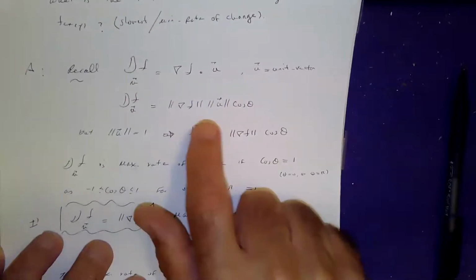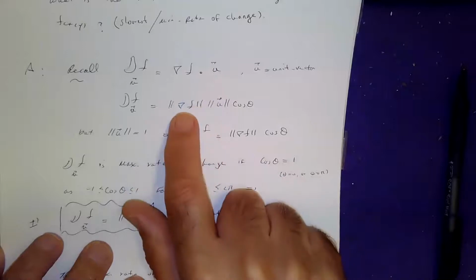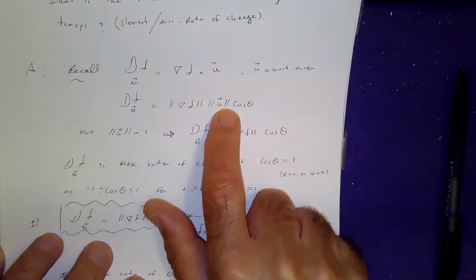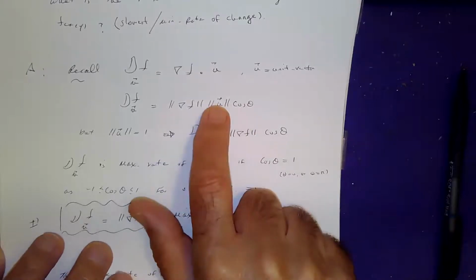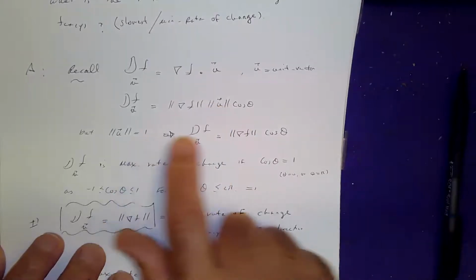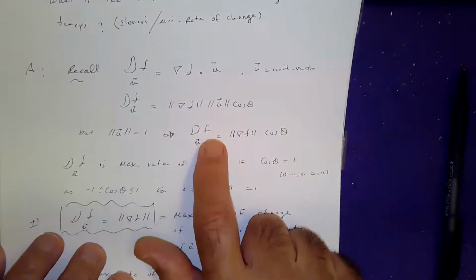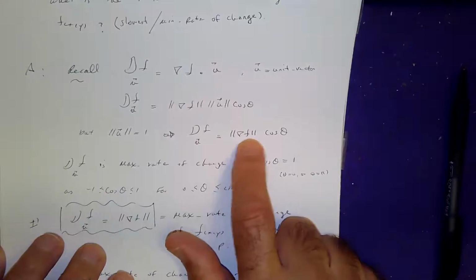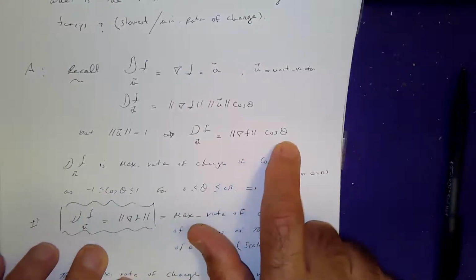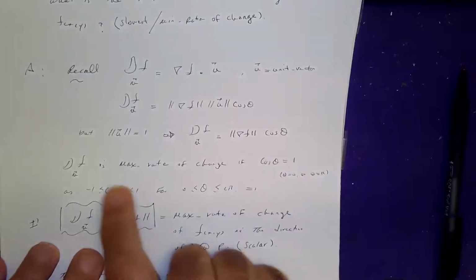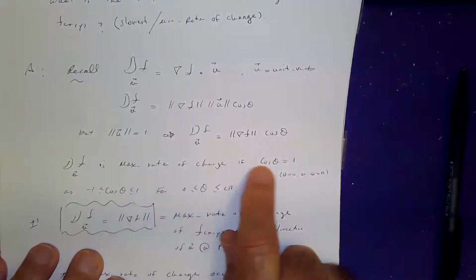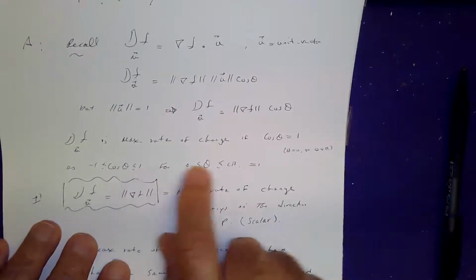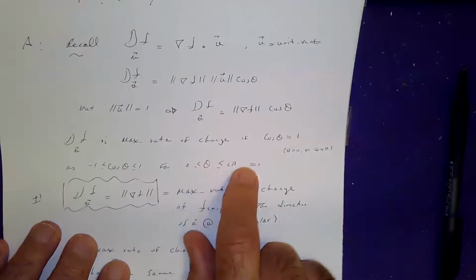But remember from previous chapters, I can write this dot product as the magnitude of the gradient of f, magnitude of u, times cosine theta. u is a unit vector, so its magnitude is 1, so you get the directional derivative of f in the direction of u is the magnitude of the gradient vector f times cosine theta. This will be maximum if cosine is 1, because remember cosine goes from -1 to 1 as theta varies between 0 and 2 pi.